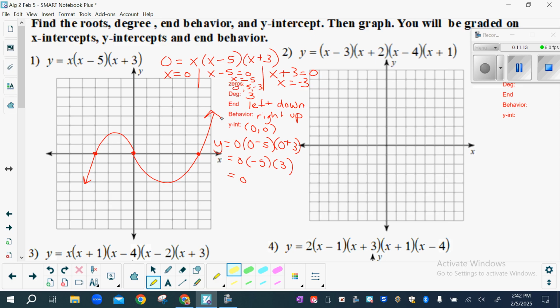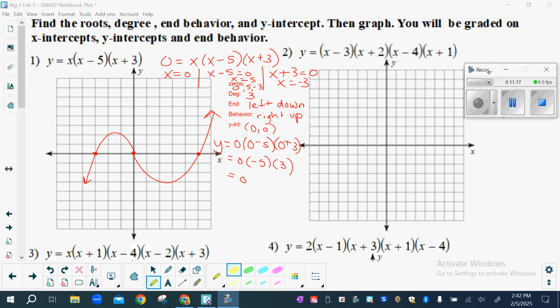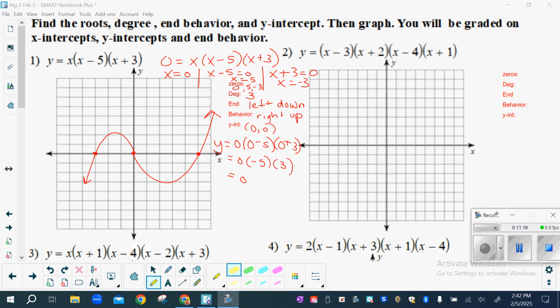Okay, next one. What are my zeros on number 2? Do I have to write it out, or can I just look behind my zeros? You can't. So there are what?